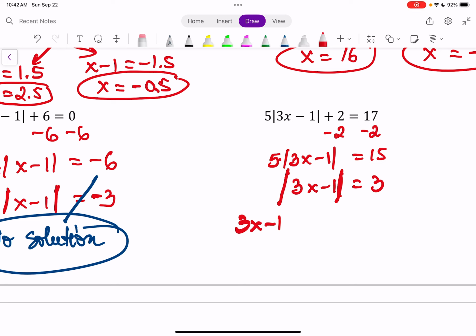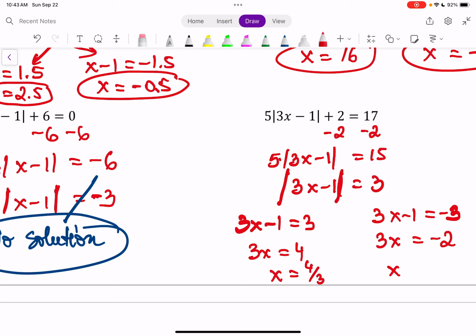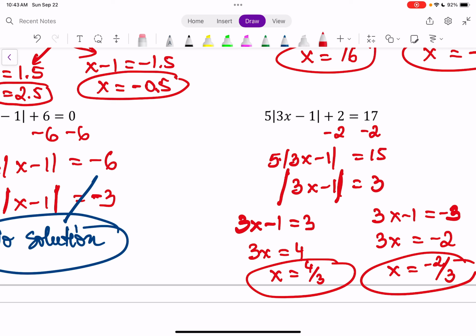So 3x minus 1 could be 3, or 3x minus 1 could be negative 3. And then we get to solve both these equations easily for x. All right, so hopefully you did that yourself.